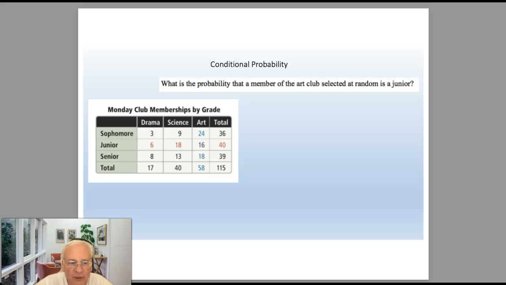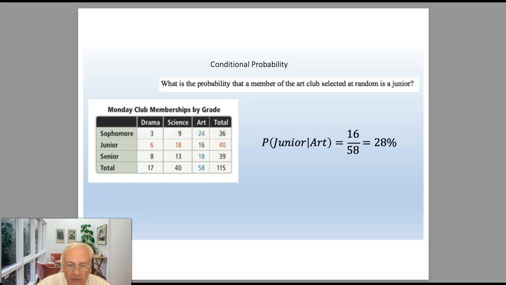All right, what about this one, though? Here's another example. What's the probability that a member of the art club selected at random is a junior? Now we're going to select from the art club. So here's art club. There's 58 members of the art club. How many of them are juniors? 16 of them.